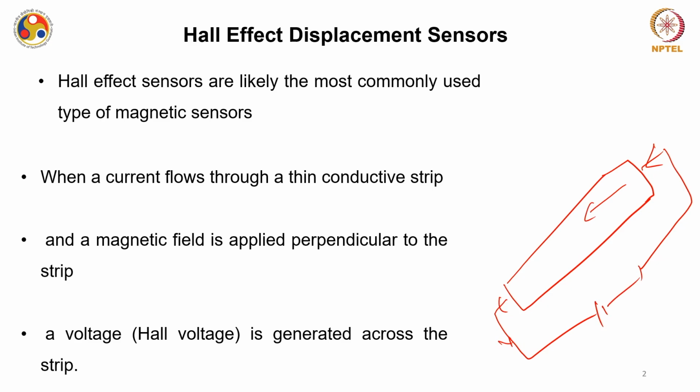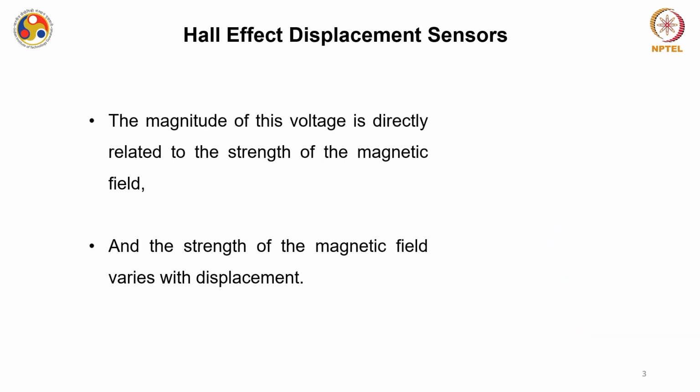A magnetic field is applied perpendicular to the strip, say in the upward direction. A voltage is generated across the strip, so you will find a deflection in the voltmeter across this strip. Basically, this voltage is the Hall voltage, and we use this voltage for the measurement of displacement.